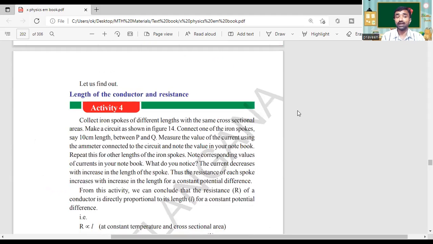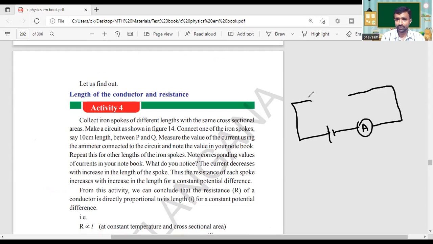Next, we are trying to understand whether the length of the conductor affects the resistance value or not. You are using the same circuit here, just left with the gap P and Q. So here I am understanding the importance of length in resistance, how it affects it.